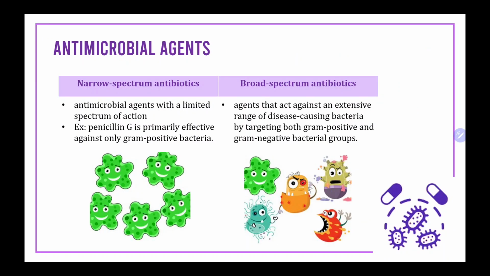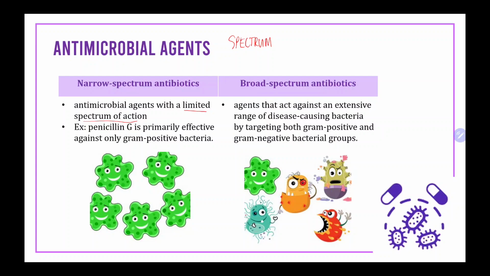We also have two types of antimicrobial agents based on their spectrum. You have your narrow spectrum antibiotics and your broad spectrum antibiotics. When we say narrow spectrum, from the name itself, its spectrum of action is narrow or limited. An example is your penicillin G, which is primarily effective only against gram-positive bacteria.